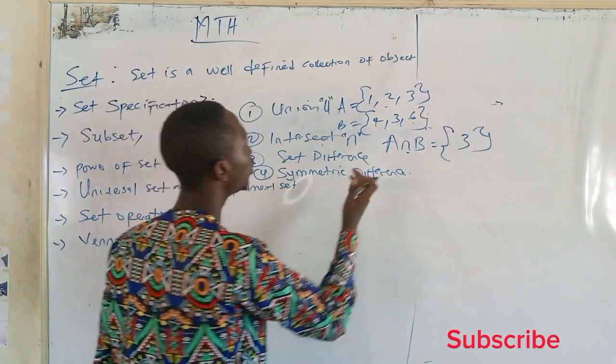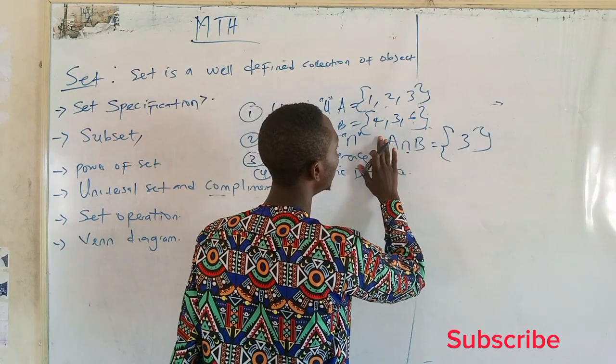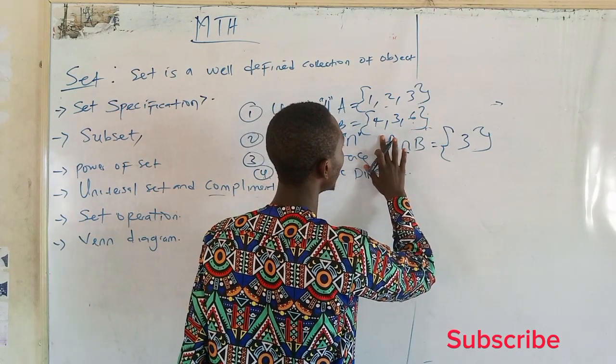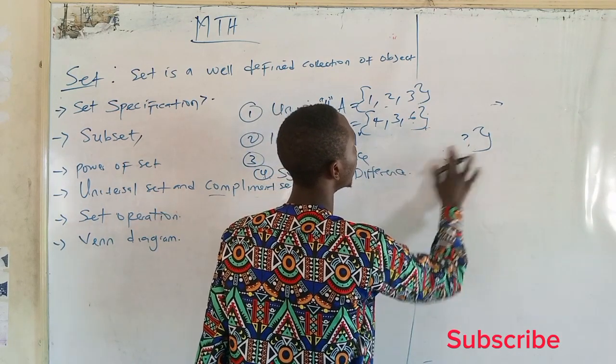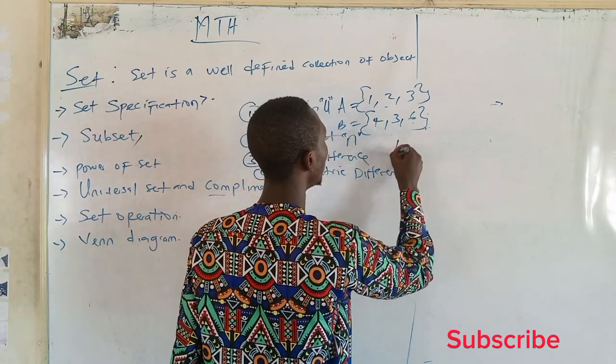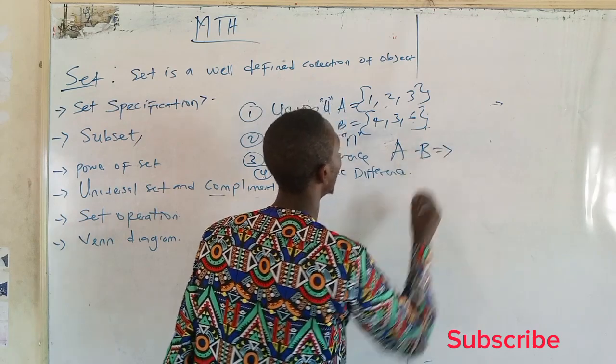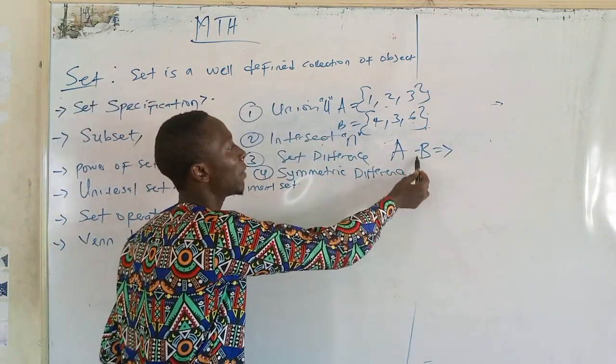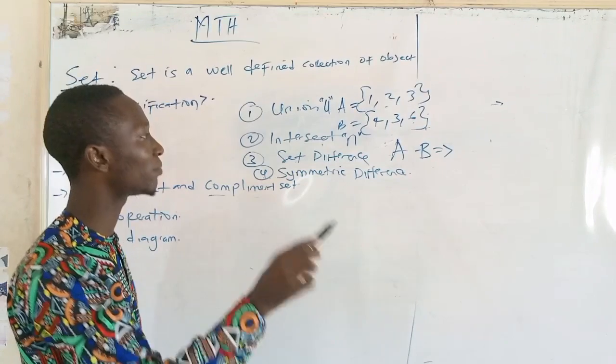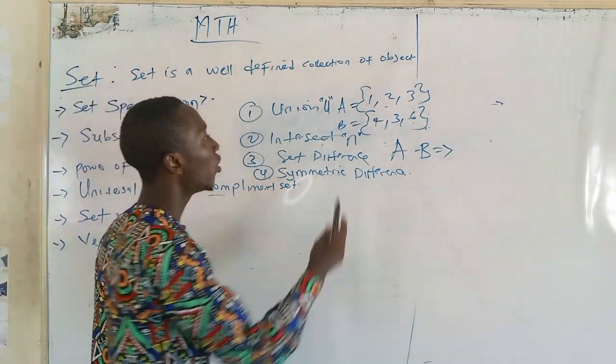Now set difference. What is set difference? It is just like when you take the difference between two sets. A minus B is a set difference. Difference is minus between two sets. What does this mean?